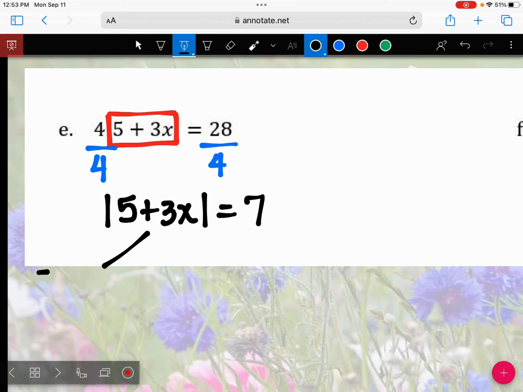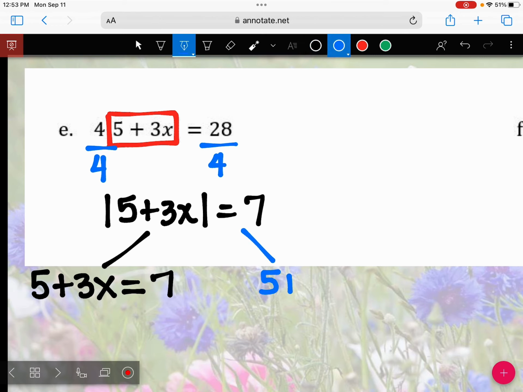Break it apart. Your first equation is 5 plus 3x equals +7. And your second equation is 5 plus 3x equals -7. Let's go ahead and solve them both for x. So there's two answers. So first we subtract 5.